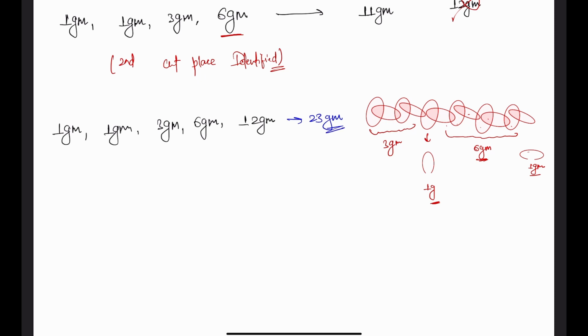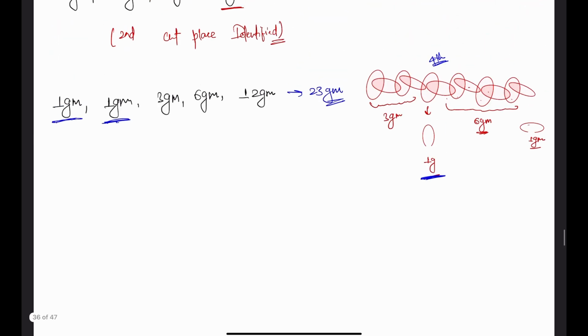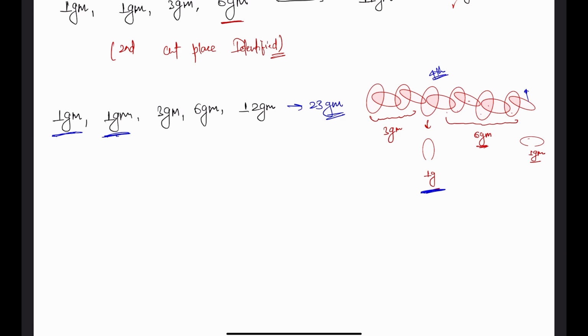So what we can understand from this is that we just need to do 2 cuts: the first cut at the 4th place and the second cut at this place. This is 4th, this is 6th, 10th, then this is at the 11th place.